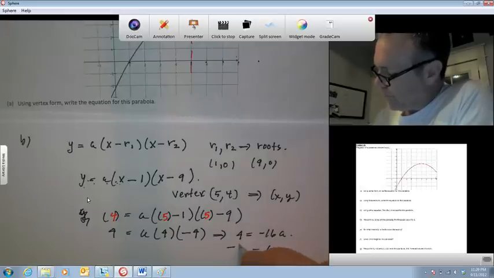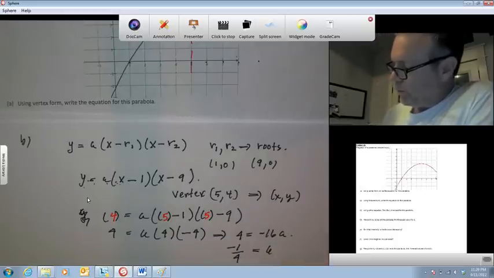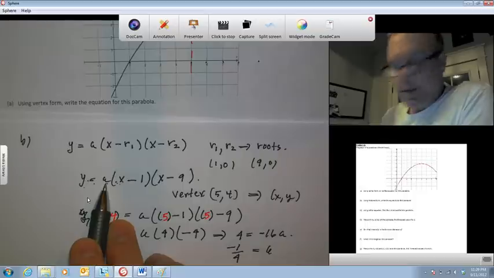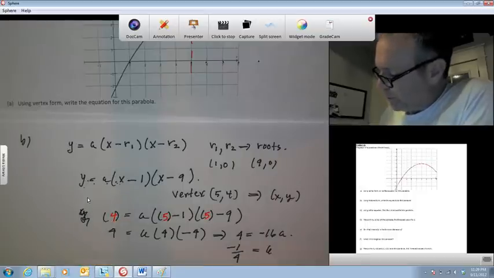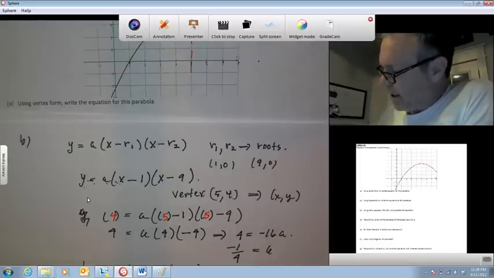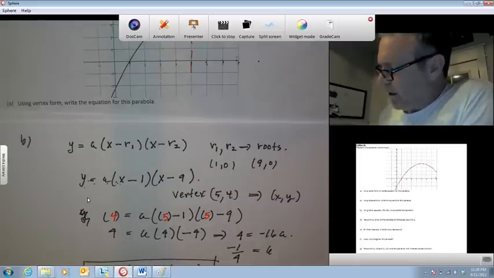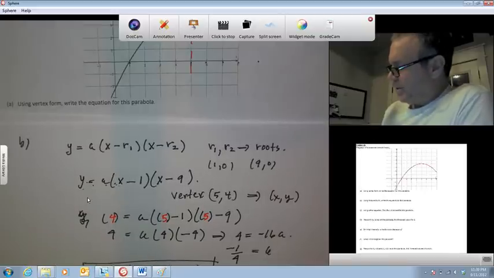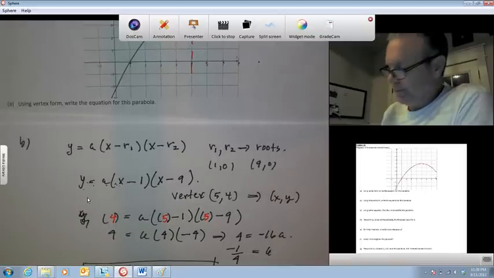Solving for a, we get -1/4 again. And we are going to plug that in for the a right there. y = -1/4(x - 1)(x - 9). Box that up and then move on to part C.